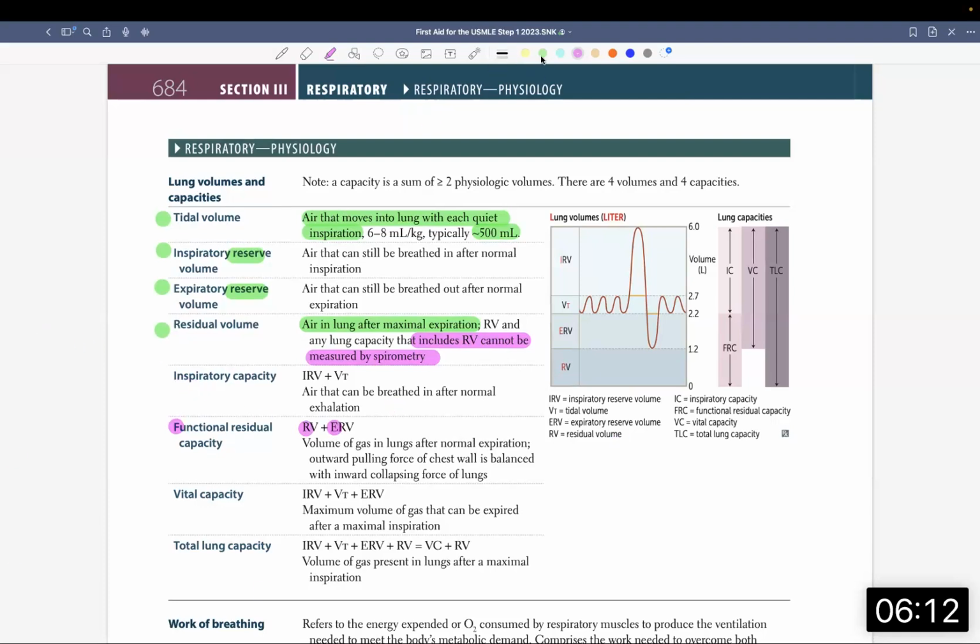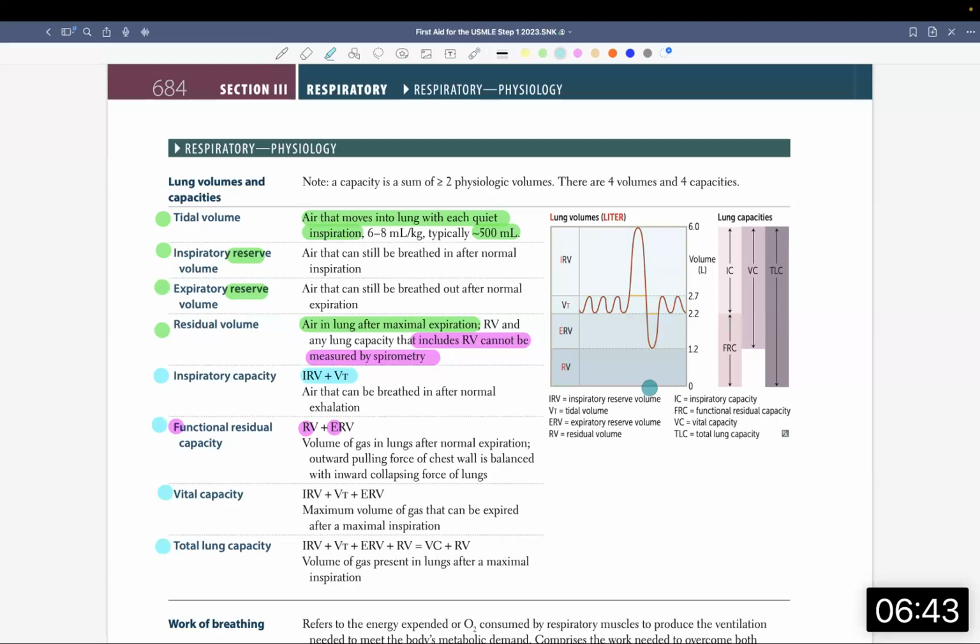Next, we have capacities. These are inspiratory capacity, vital capacity, and TLC. Inspiratory capacity is the VT plus the inspiratory reserve volume, the air that can be breathed in after normal exhalation. Then functional residual capacity is residual volume plus the expiratory reserve volume.